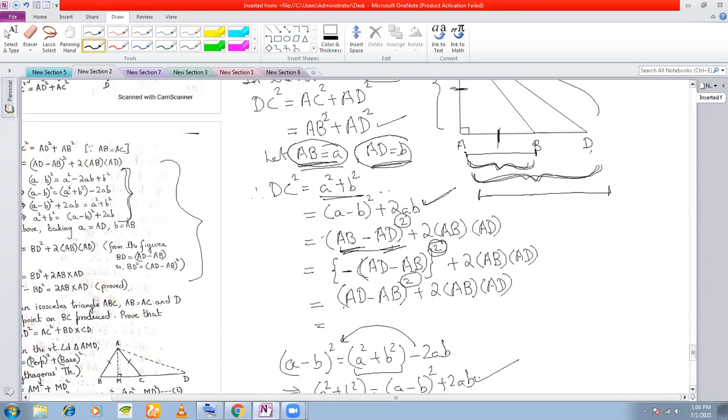So what we do is this AB minus AD, we change to AD minus AB. How do we change? We take this minus sign common, to get AD minus AB whole square. And because we have taken this minus sign common and because we have an even power here, right? This minus sign changes to a plus sign because of this even power. You understood this step?